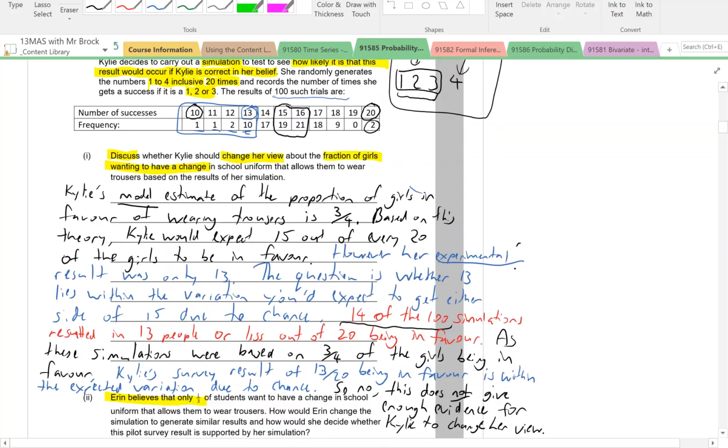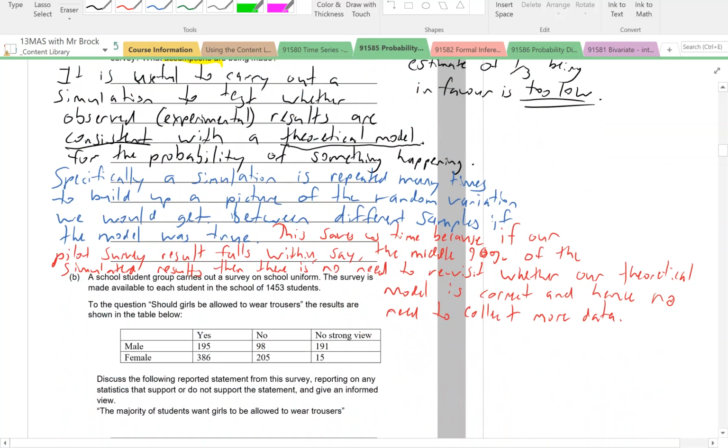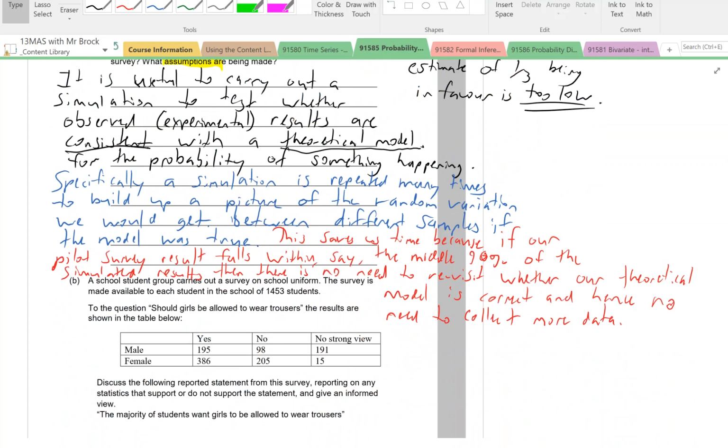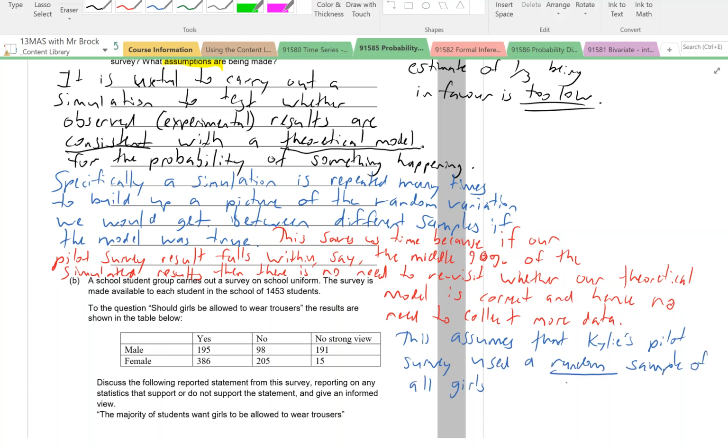So the problem is that the simulation is not going to take into account those sort of distortions or biases. So this assumes that Kylie's pilot survey used a random sample from all of the girls she wished to investigate, or all girls whose opinions she was interested in.